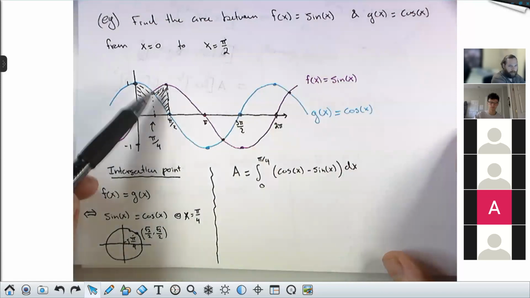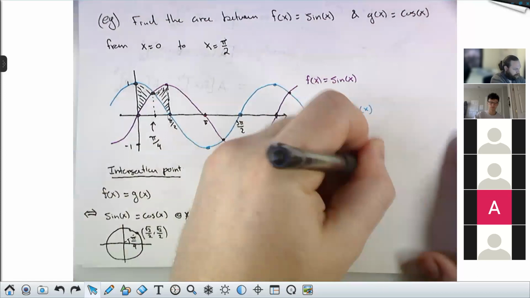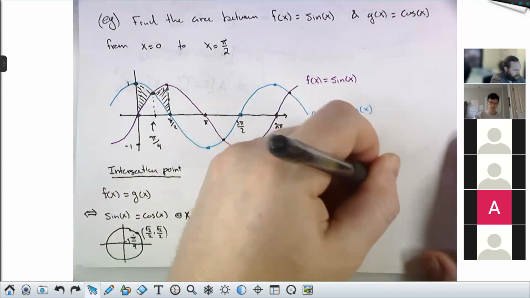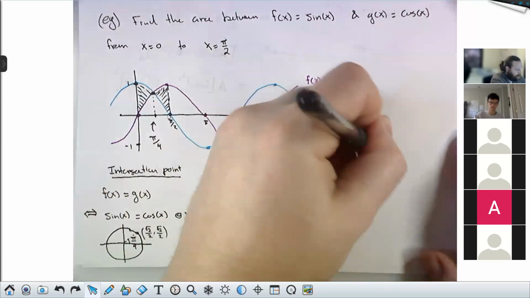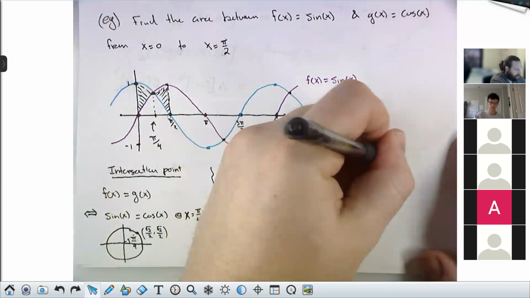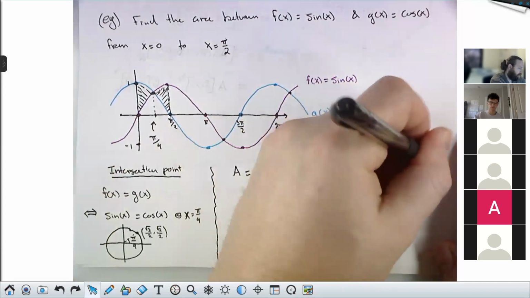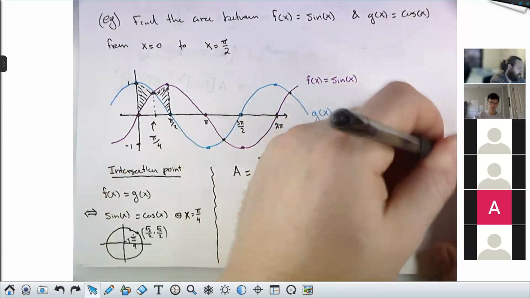My second little region is going to be the integral from pi over 4 to pi over 2. So I write plus integral pi over 4 to pi over 2 of the upper function there minus the lower function there. So that's sine x minus cos x dx.